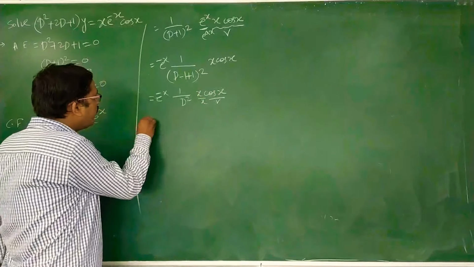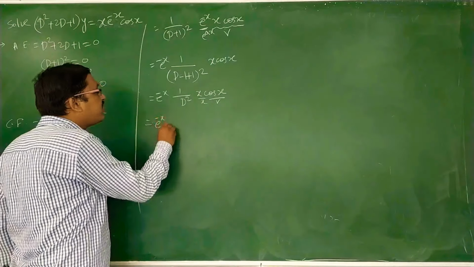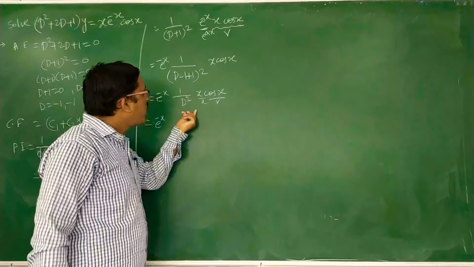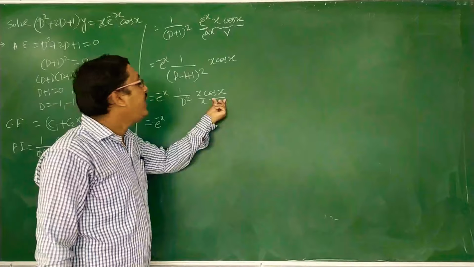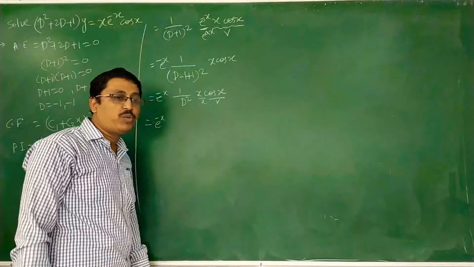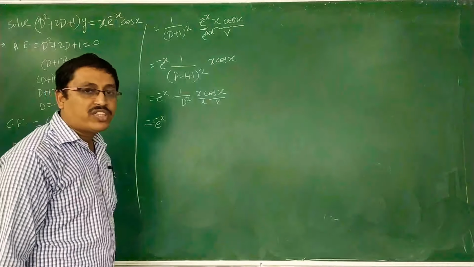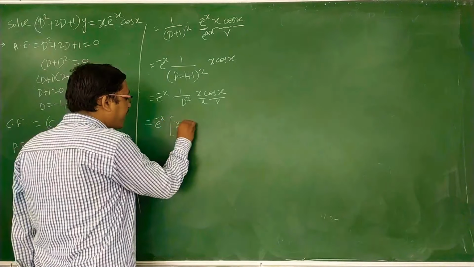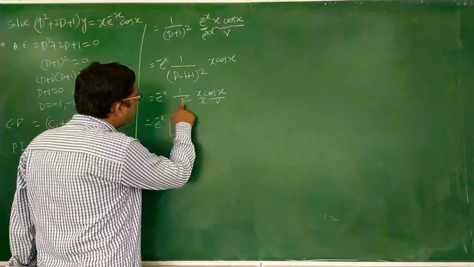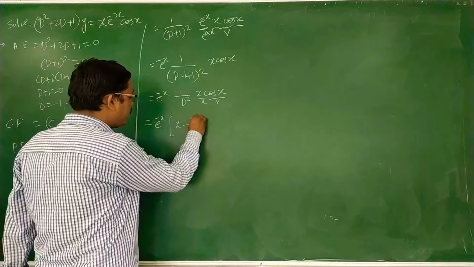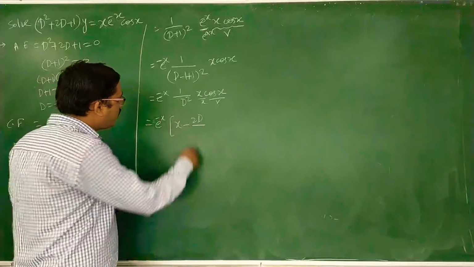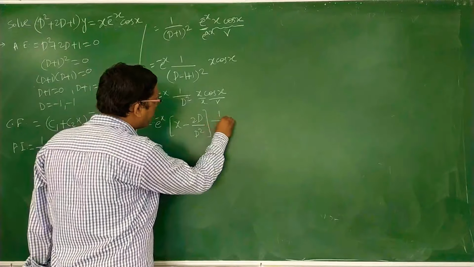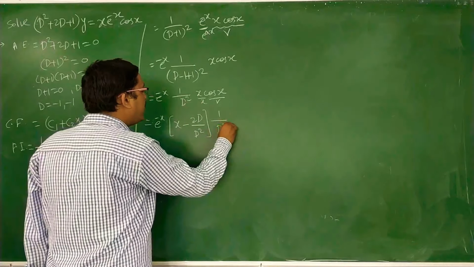The e^(-x) stays as it is, and 1/φ(D) x V is given by the formula [x - φ'(D)/φ(D)] in a bracket, and outside the bracket 1/φ(D) V. So this is x minus φ'(D), that means the derivative of D², which is 2D, upon φ(D), which is D². This is in the bracket, and outside the bracket 1/D² V.